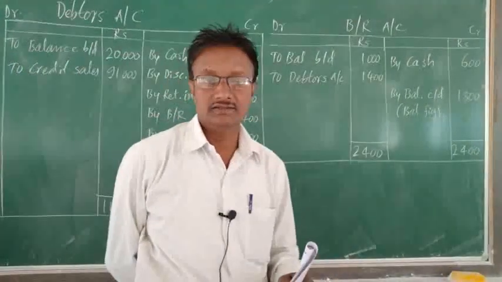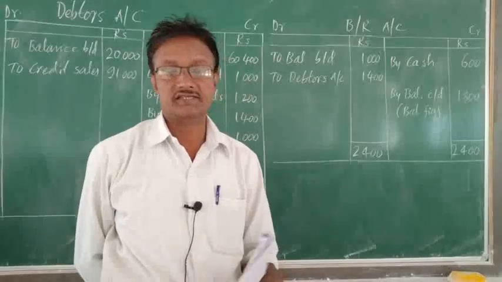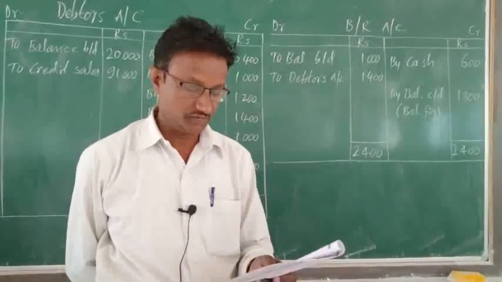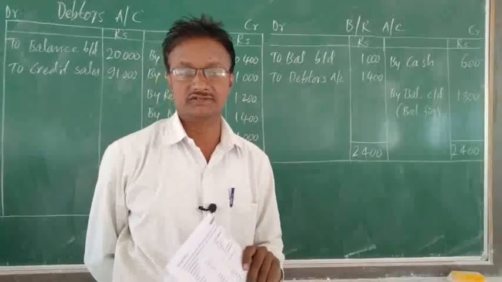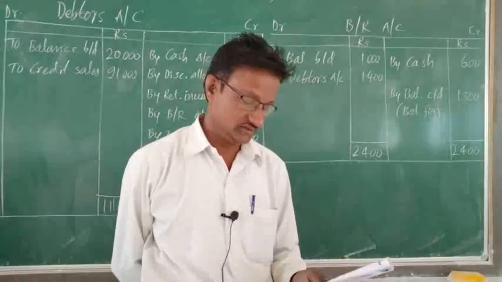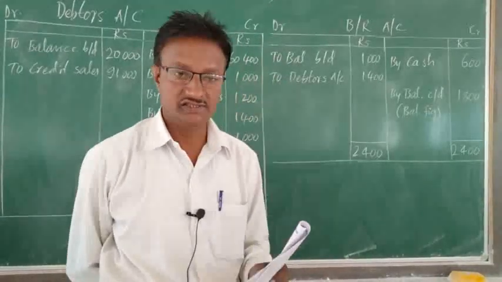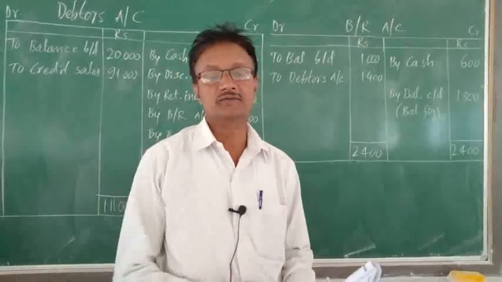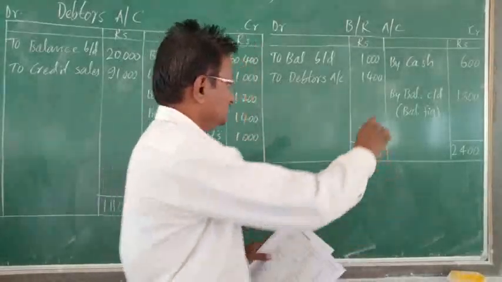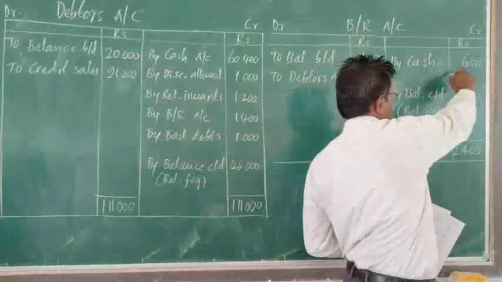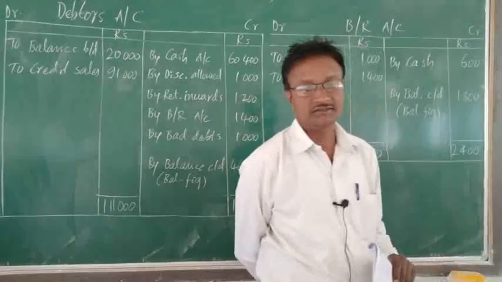Next, to bills receivable in the cash book, that is amount received on the maturity of bills, is 600. So in the bills receivable account, we write by cash account, by cash 600 rupees.